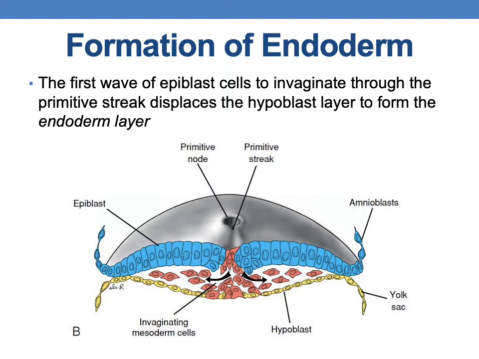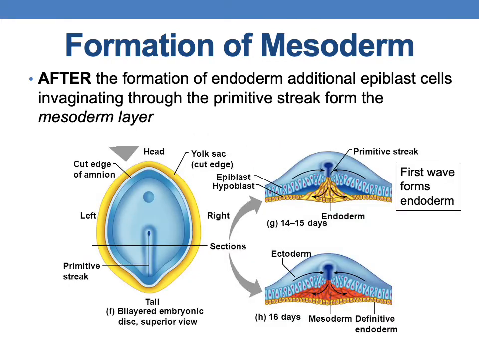Once the epiblast cells have completely displaced the hypoblast layer, it is now called endoderm, one of the primary germ layers. One concept you need to wrap your head around is that during development, cells are constantly differentiating into new types of cells with different properties. So in this case, the merging of the epiblast cells with hypoblast cells created a whole new layer of tissue called endoderm.